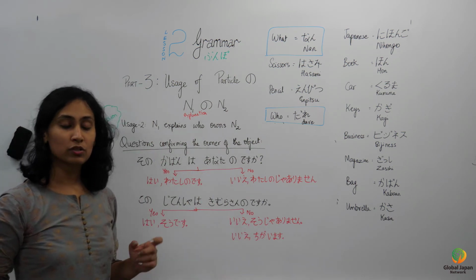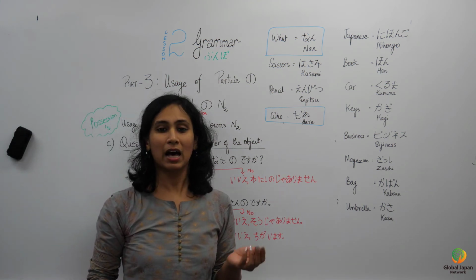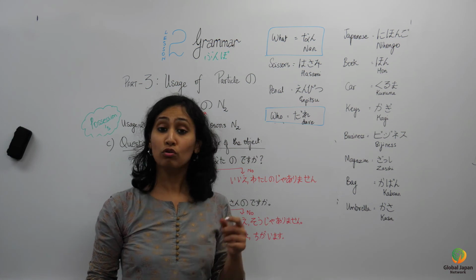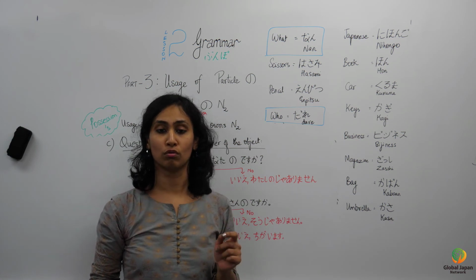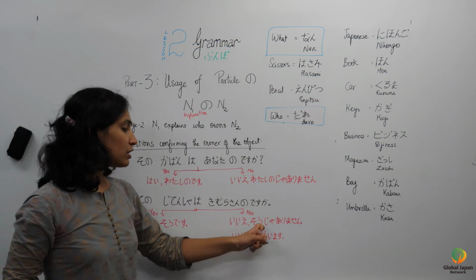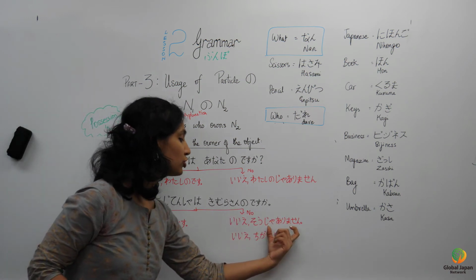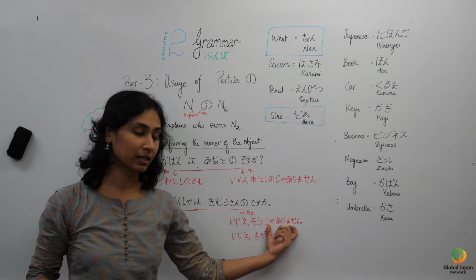So in conversation, you could tell yes, hai. Or you could also tell so. So also means yes. Iie so ja arimasen. This is inflecting as ja arimasen when it becomes negative.